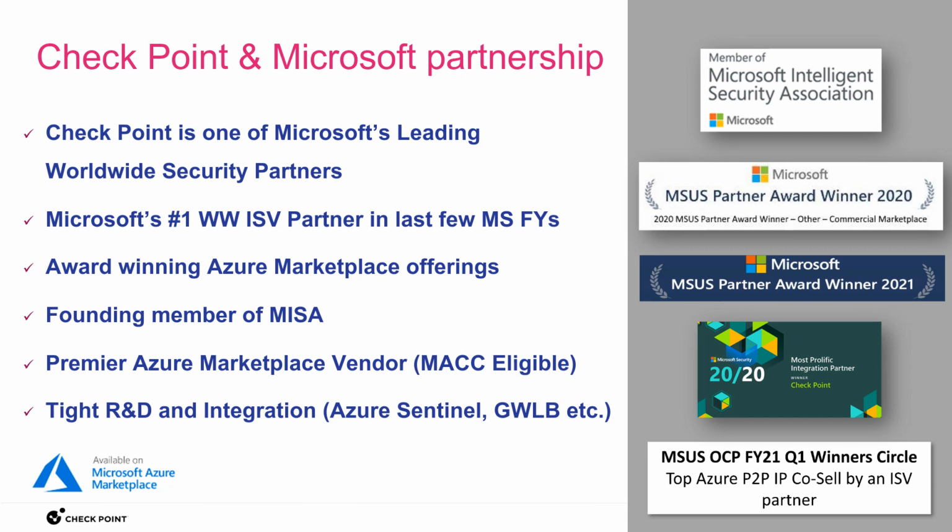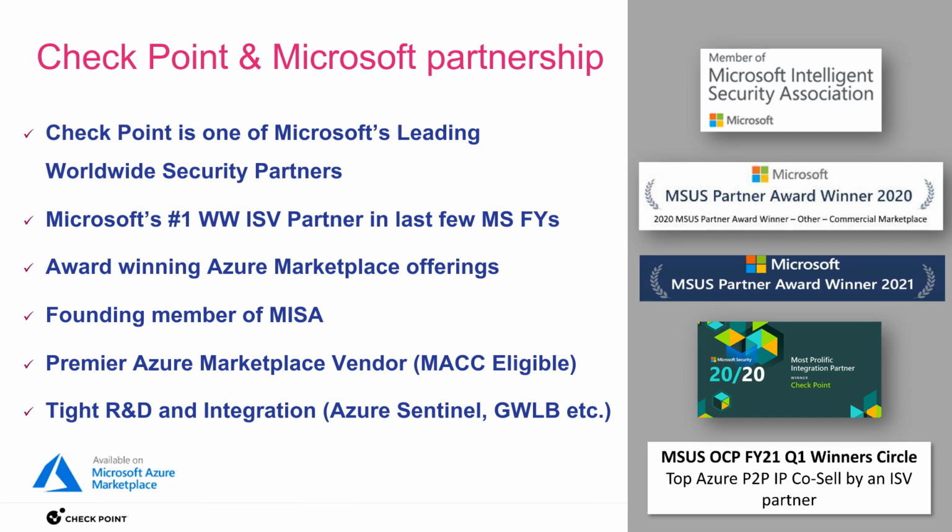So for those who have EA agreements, enterprise agreements with Microsoft, you can use MACC eligible Microsoft Azure Marketplace solutions like CloudGuard network security in order to use some of your Azure credits that you need to use during your year that you're committed to. So I think it's Microsoft Azure consumption credits.